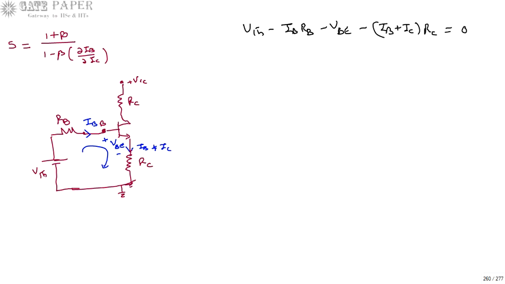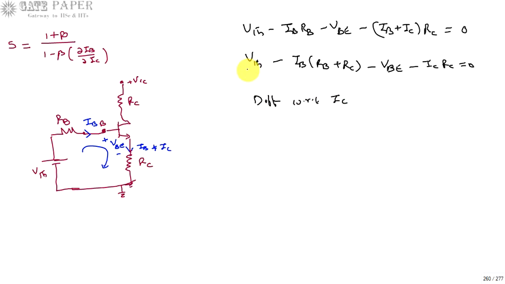So separate the IB and IC terms. I can write it as VTH minus IB times (RB plus RE) minus VBE minus IC RE. So the first step is writing KVL, the second step is separating the IC and IB terms, then differentiating with respect to IC.